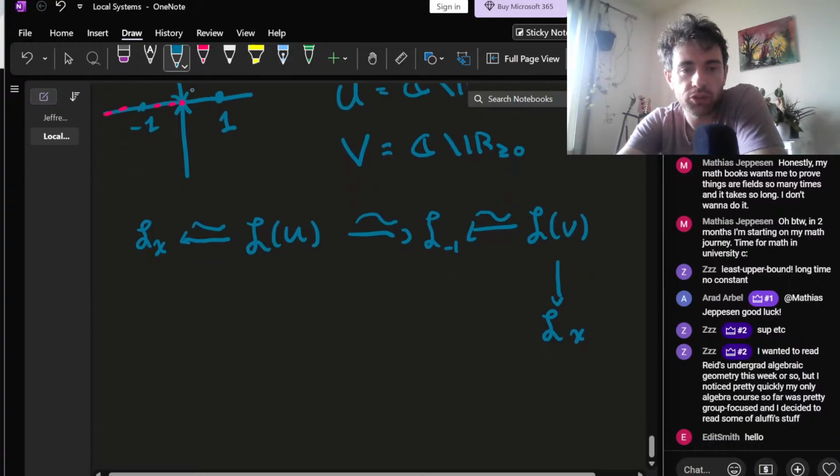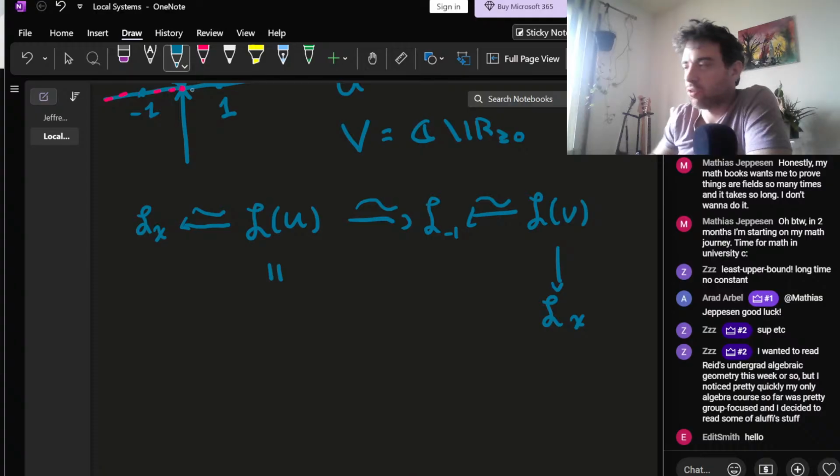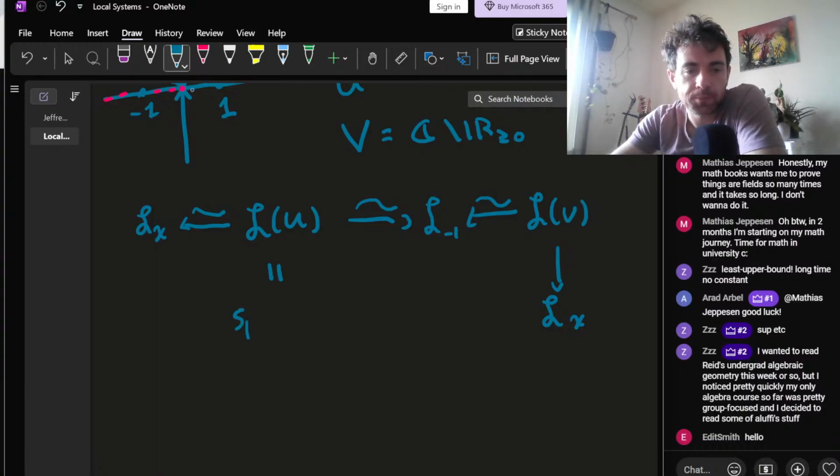So we've already seen that the open set at U, that this is the span of, what am I writing? It should be L1. This is the span of x to the 1/2.